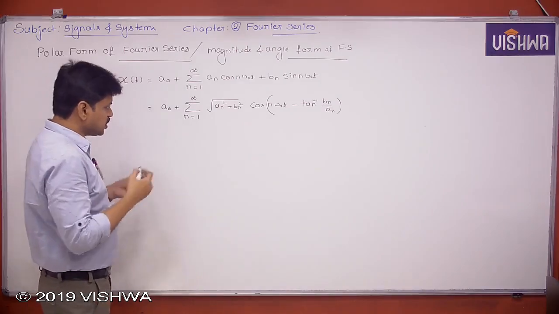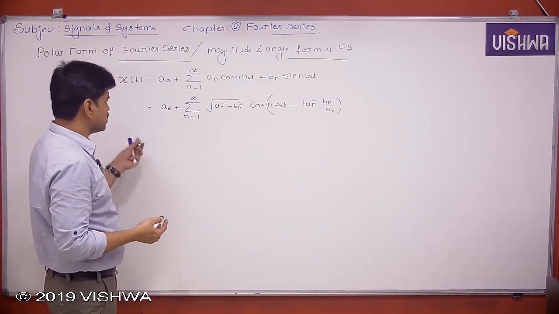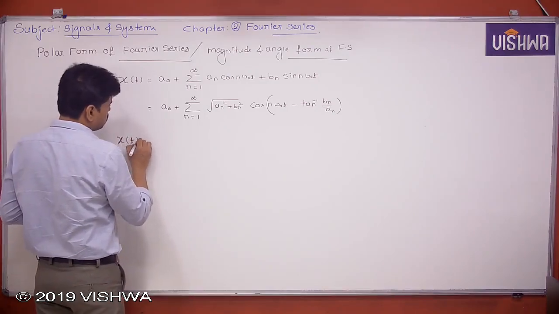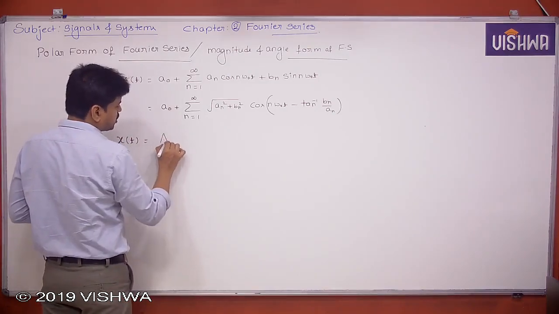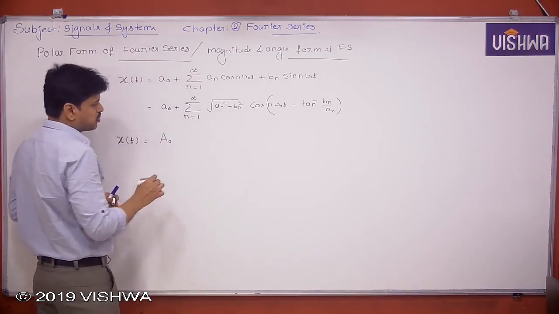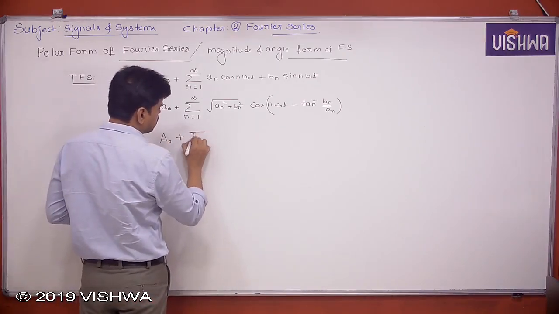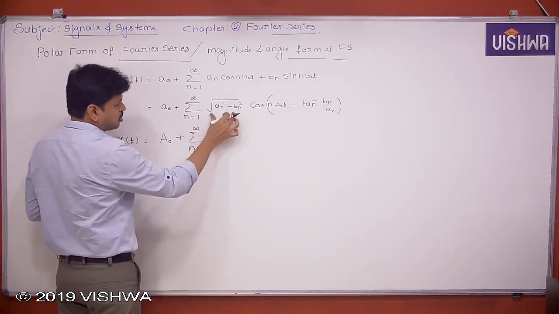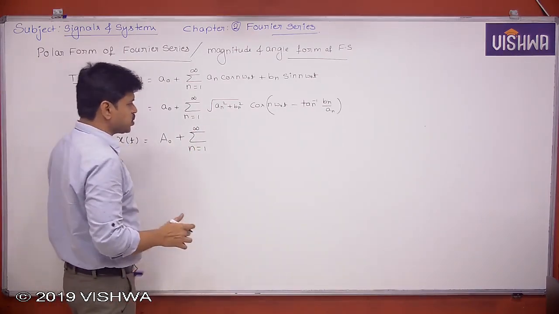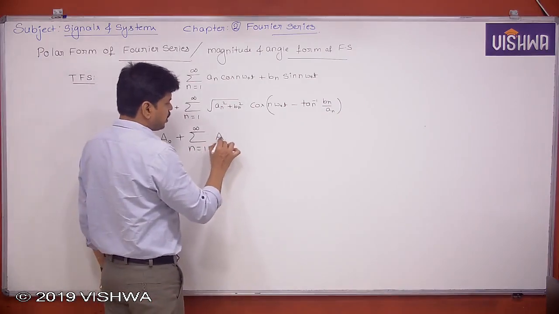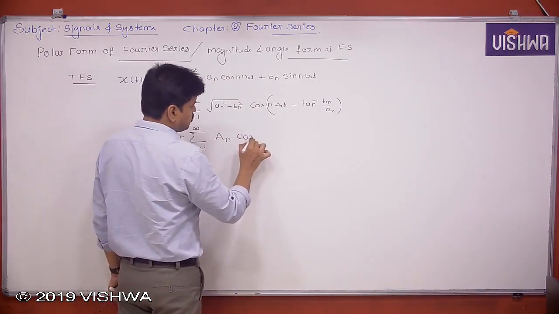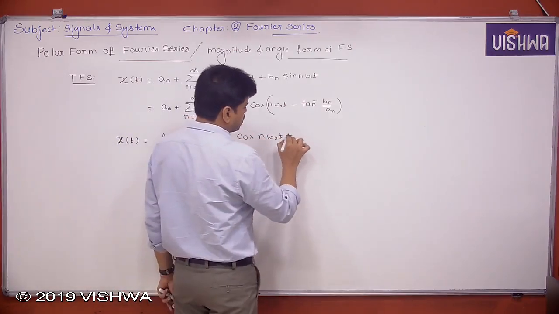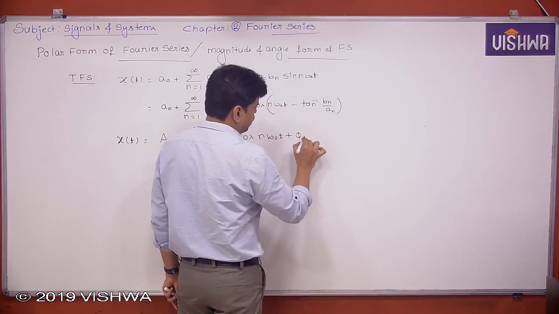This is nothing but the polar form of Fourier series, which is x of t is equal to, this a0 can be represented as capital A0 plus summation n is equal to 1 to infinity. This root of an square plus bn square is represented as capital An cos of n omega naught t plus phi n.